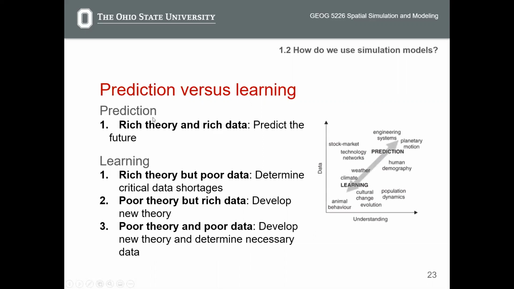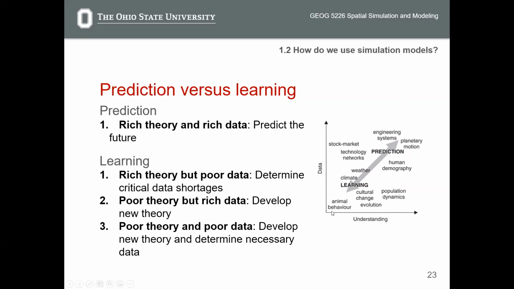So here is a figure showing you different types of models in this understanding versus data space. If you have very good understanding, your model is somewhere here. It means that your theory is good. If you have very poor understanding, your model should be here along the horizontal axis.